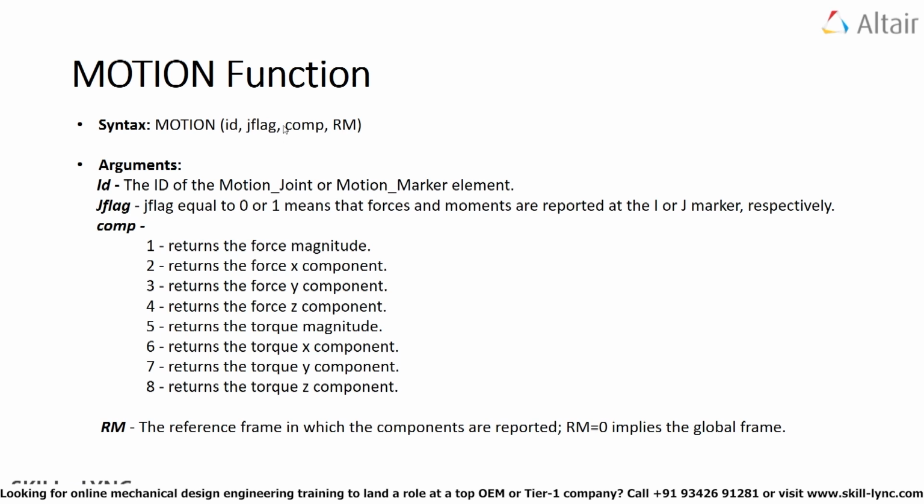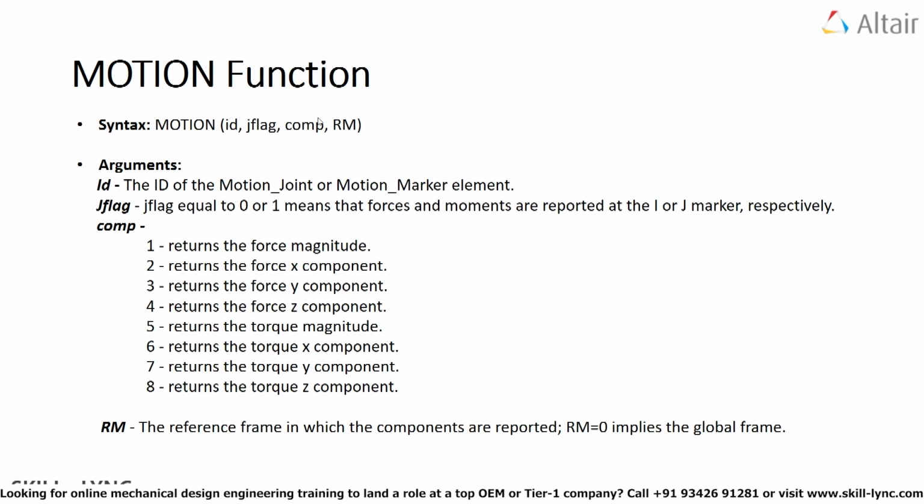The jflag is basically equal to 0 or 1. It means that the forces and the moments are reported at I or J marker respectively. So if you give 0 here, then the forces and the moments are reported at the I marker, and if you give 1 here, then the forces and the moments will be reported at the J marker.